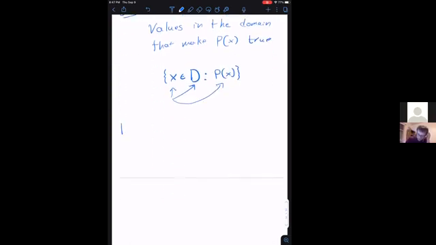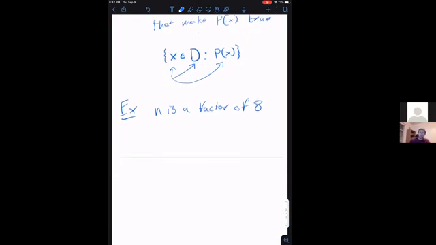Let's do some examples. Let's find some truth sets. So I'm going to say my predicate is n is a factor of 8. I want to find the truth set if my domain is equal to Z plus.